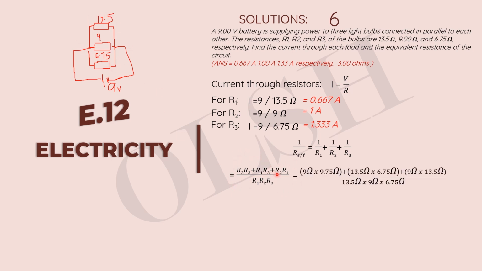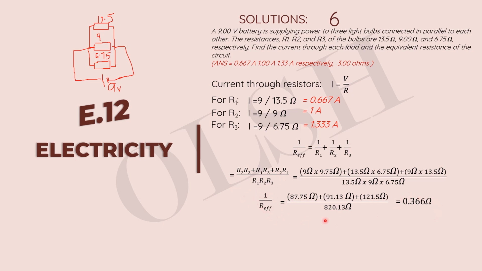We're going to have R2 times R3, which is 9 times 6.75, plus R1 times R3, which is 13.5 times 6.75, plus R2 times R1, which is 9 times 13.5, divided by R1 times R2 times R3. If we use a calculator and simplify further, we have 0.366 as 1 over R effective.